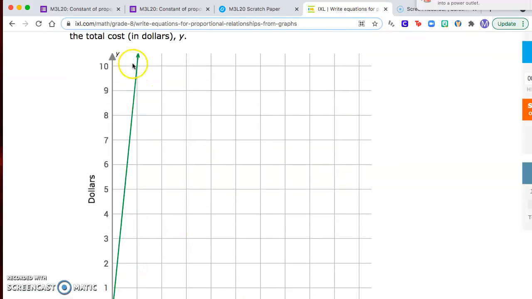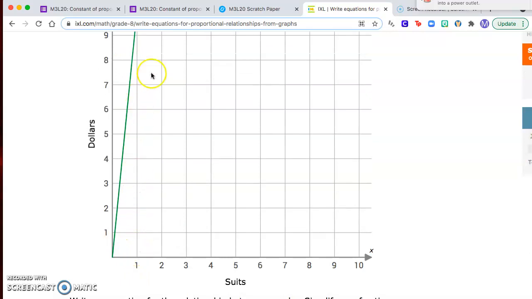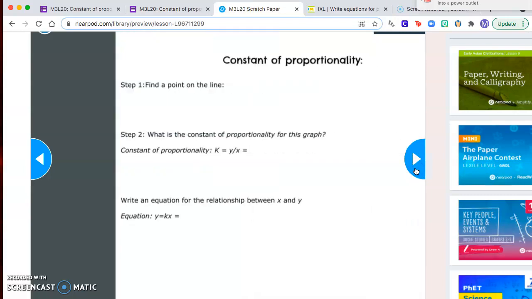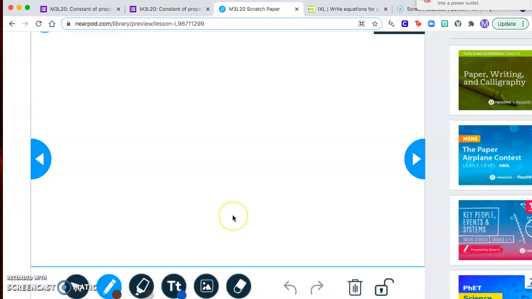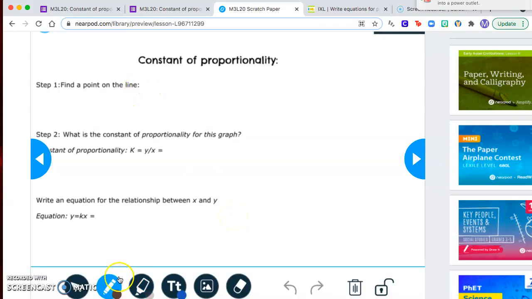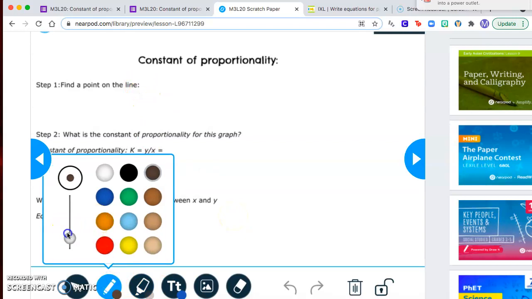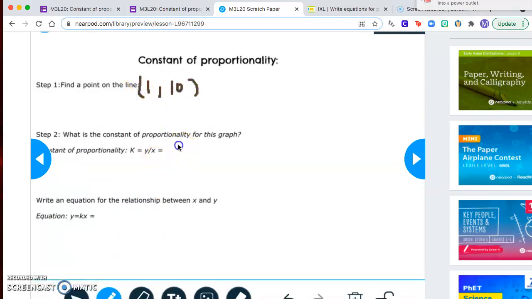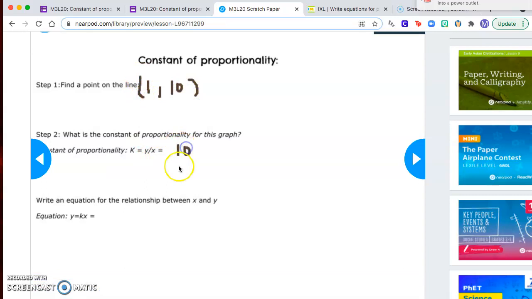There's only one point on the line here, which is 1, 10. How do I find the constant of proportionality? Again, it's the three steps. You find a point on the line. This point is 1, 10, so you write it down. Using the point on the line, the constant of proportionality would be 10 over 1, because 1 is x and 10 is y.